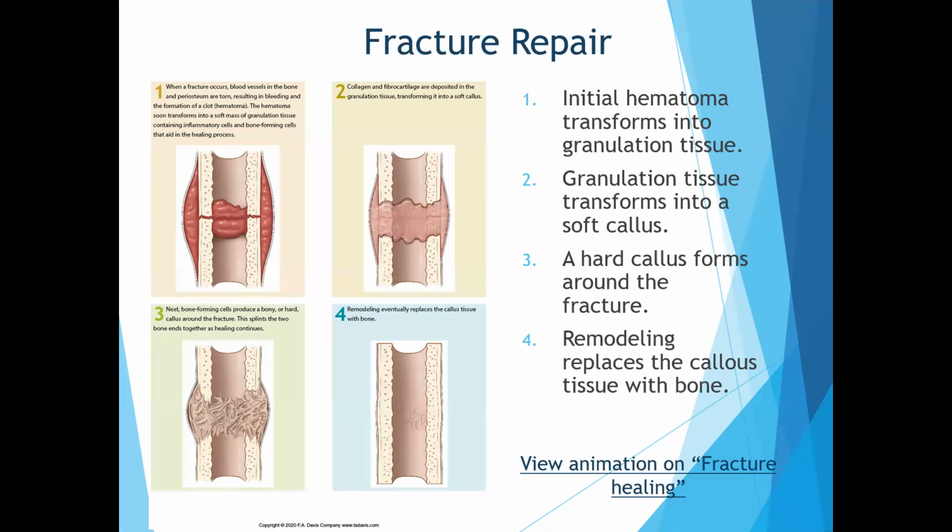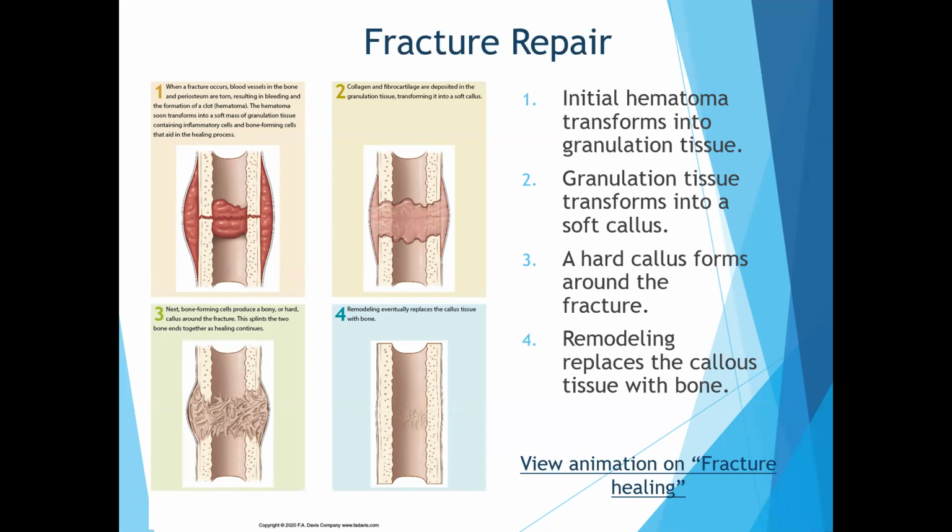The only other thing I want to touch on fracture-wise that's not in the slideshow here is the difference between a closed reduction and an open reduction, because those of you going into the healthcare field will certainly hear those terms. A closed reduction basically means that they didn't need to do a surgery or open up to get to the bone to reset it.